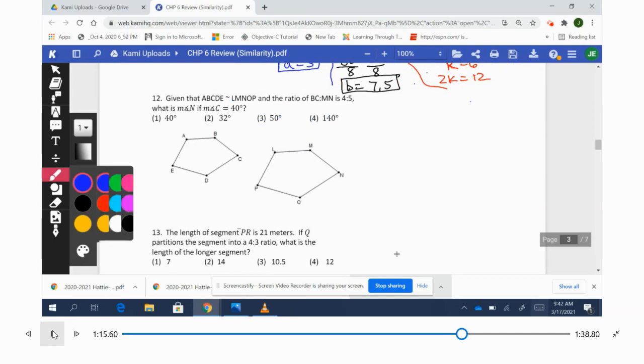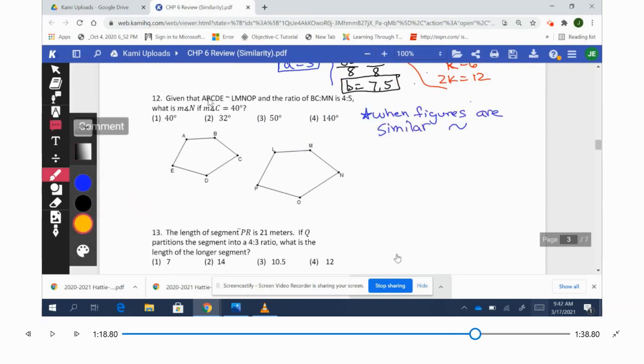There it is. Okay, so we're given a similarity statement. A, B, C, D, these are pentagons. I can see them right down there. They're pentagons. A, B, C, D, E is similar to L, M, N, O, P. They're telling us that. They're giving us the ratio of the sides, which is great, but if they're looking for the measure of an angle, we don't use the ratio.